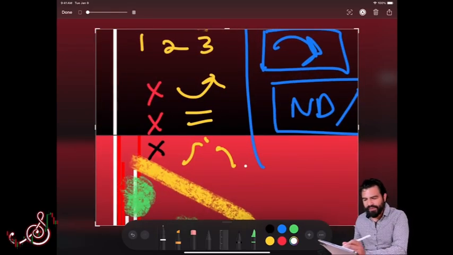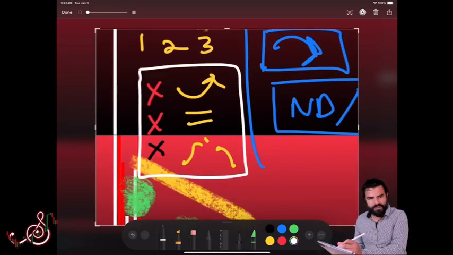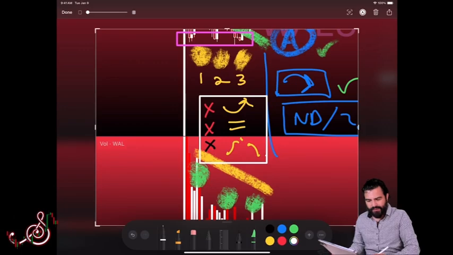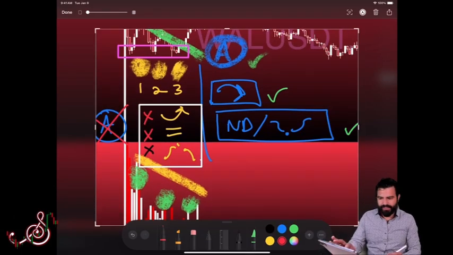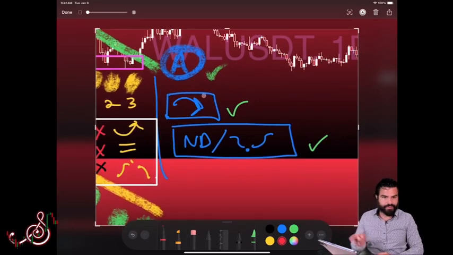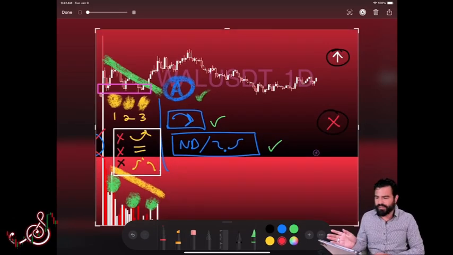If we saw one of these scenarios on this side, it always indicates that the supply has not been absorbed. These two or three equal the supply has been absorbed or controlled. That's the best way to understand that.